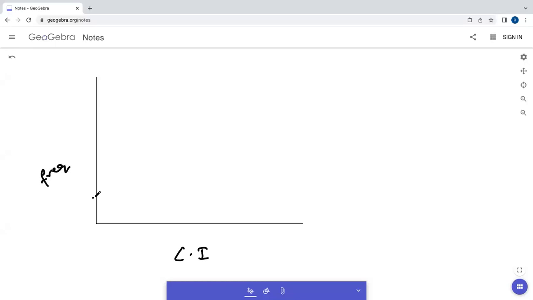So this is 2, 4, 6, 8, and it starts with 10, 15, and so on.